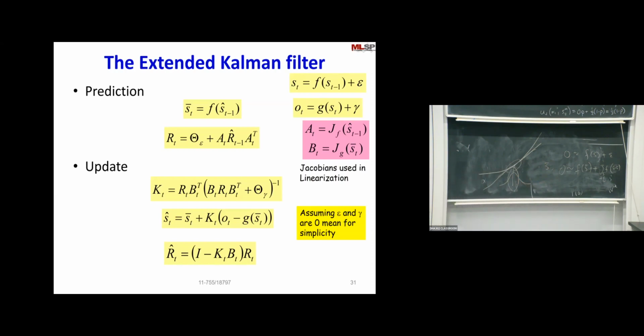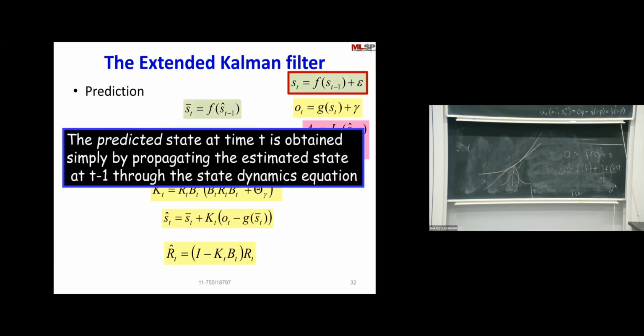Linearization is only required when I'm beginning to compute statistical variables. In this case, what is the statistical variable over here? The variance, right? The uncertainty. That's the only statistical variable over here, correct? Make sense? And so here's what I can do. Let's say I have my best guess for the state at time t minus 1, which is s hat t minus 1.